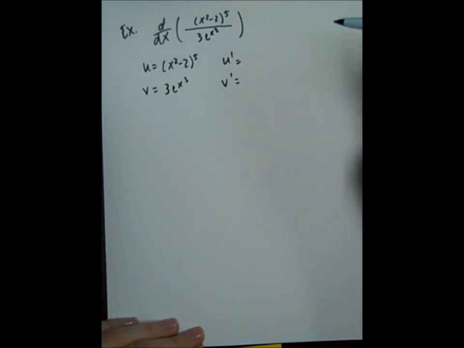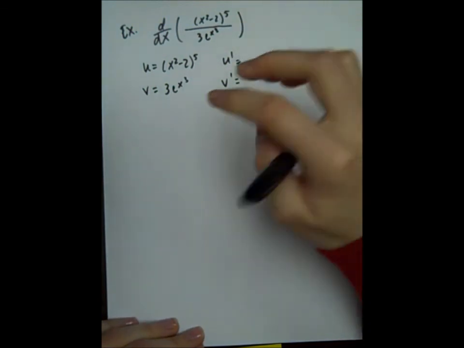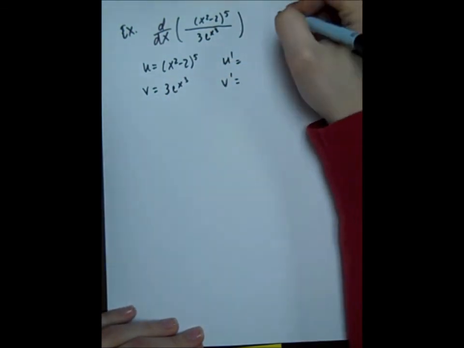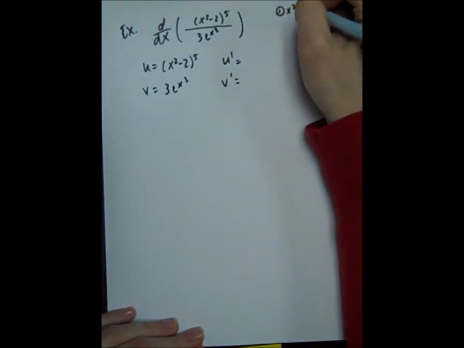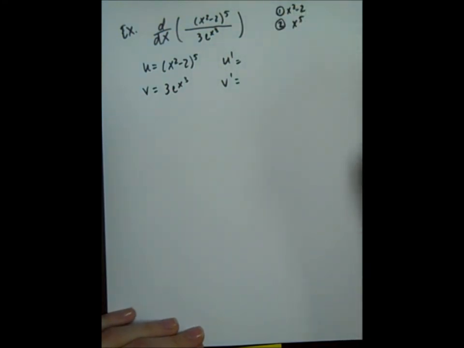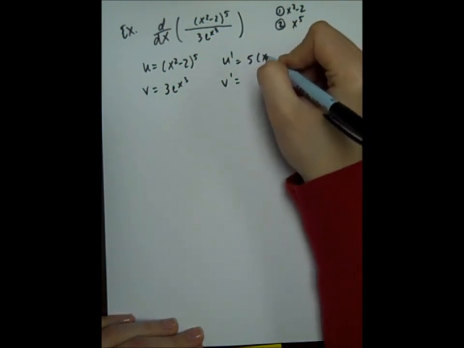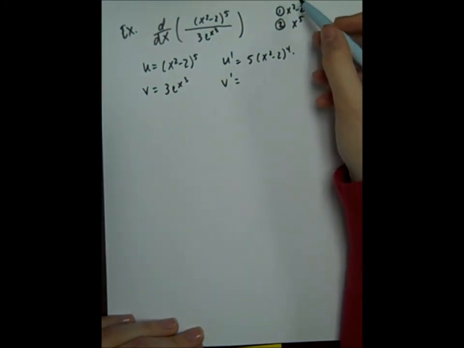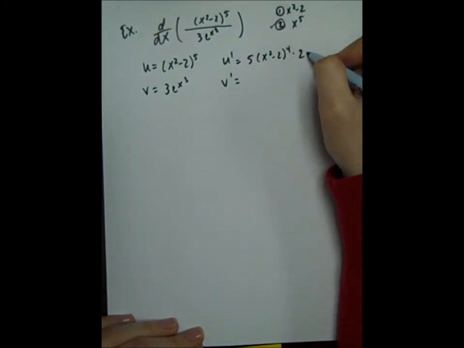So first let's find u prime. To find u prime, you got to take the derivative of x squared minus 2 to the fifth. That's a chain. First function was x squared minus 2, second function is x to the fifth. So using your chain rule, take the derivative of x to the fifth, so I get 5x to the fourth. But I don't write x, write everything above it. Then the derivative of x squared minus 2 is 2x.